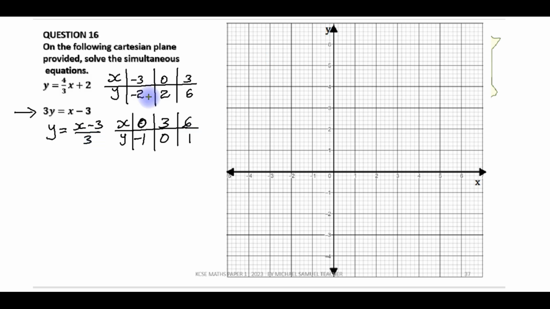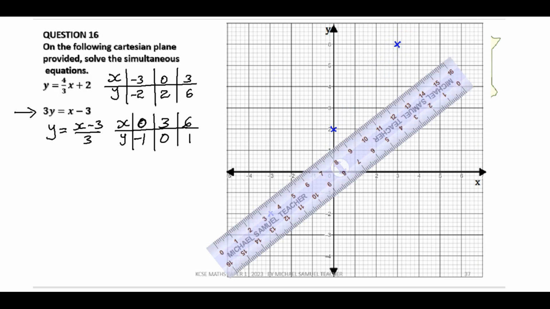So we begin by plotting the values for the first equation. When x is minus 3, y is minus 2. This is the point here. Then when x is 0, y is 2. This is the point. And when x is 3, y is 6. That is the point. Therefore, we use a ruler and we join the points.